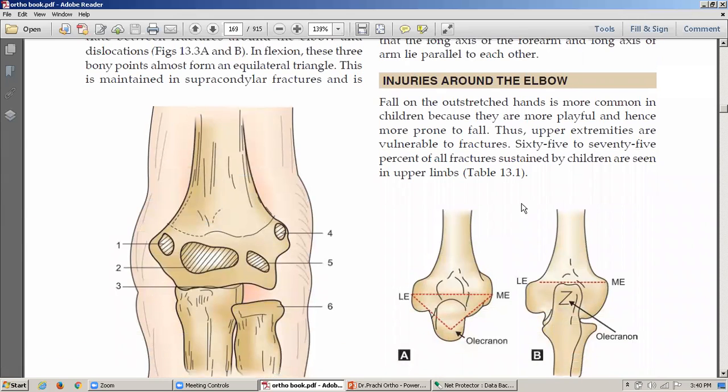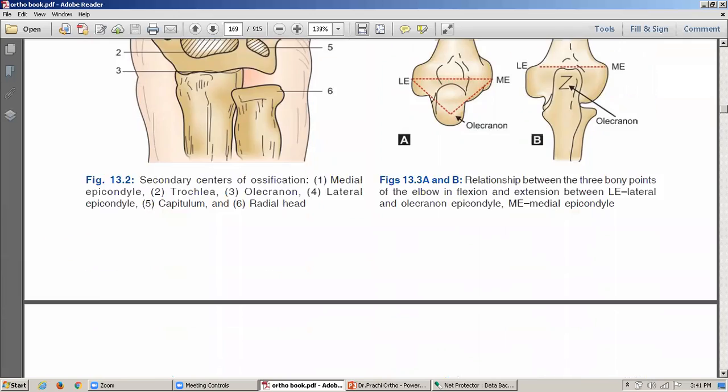Then injuries around the elbow. Fall on the outstretched hand is more common in children because they are more playful and hence more prone to fall. Thus upper extremities are vulnerable to fractures, and 69 to 79% of all fractures sustained by children are seen in the upper limb.